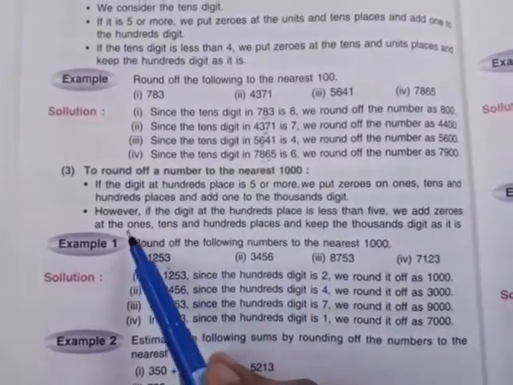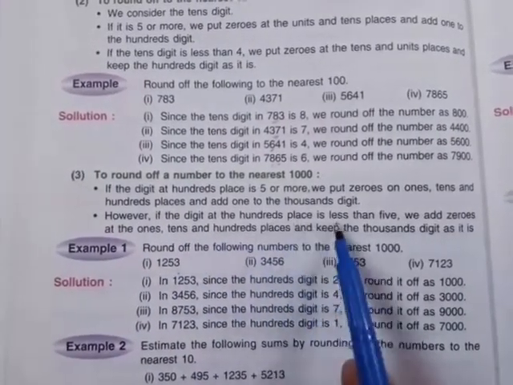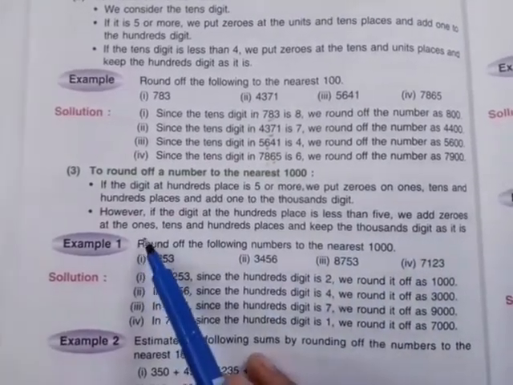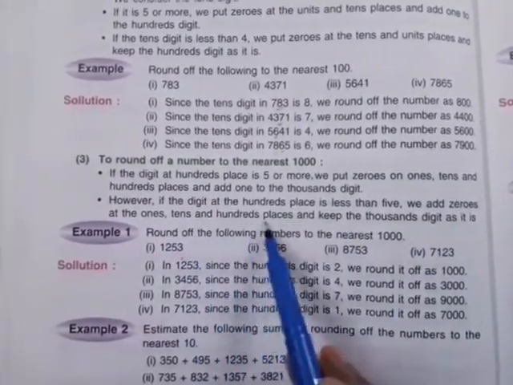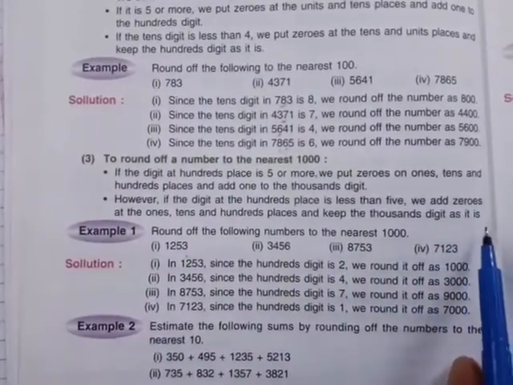However, if the digit at the hundreds place is less than 5, we add zeros at the ones, tens and hundreds places and keep the thousands digit as it is.